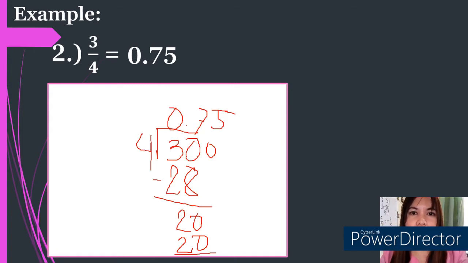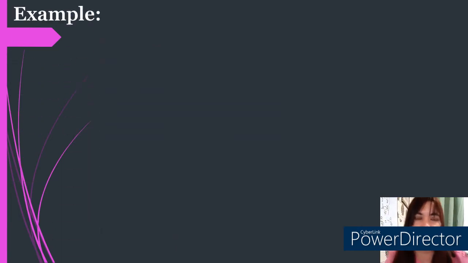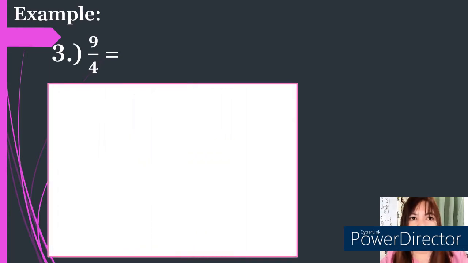Next example. Now, let's proceed to number 3. Okay, our given, we have 9/4. We're going to change to decimal. Okay, we are going to divide numerator to denominator. So, our numerator is 9 and our denominator is 4.